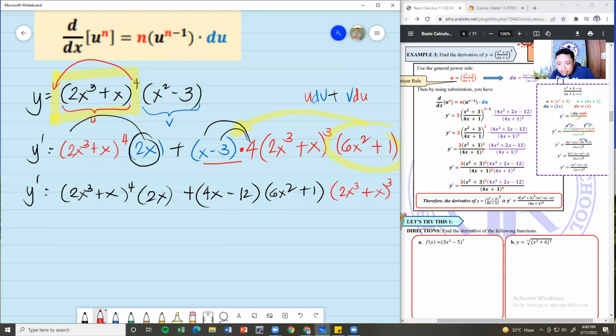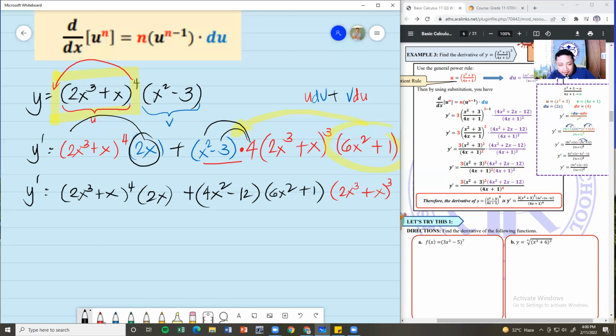Sir, why did the squared of the x minus 3 disappear? Squared of x minus 3. Where is the squared? Here. The squared disappeared. Thank you for that. So therefore, here it also has a squared. Okay. Thank you for that. I missed writing the squared of the x squared minus 3. Okay? Now, what else can we do there?